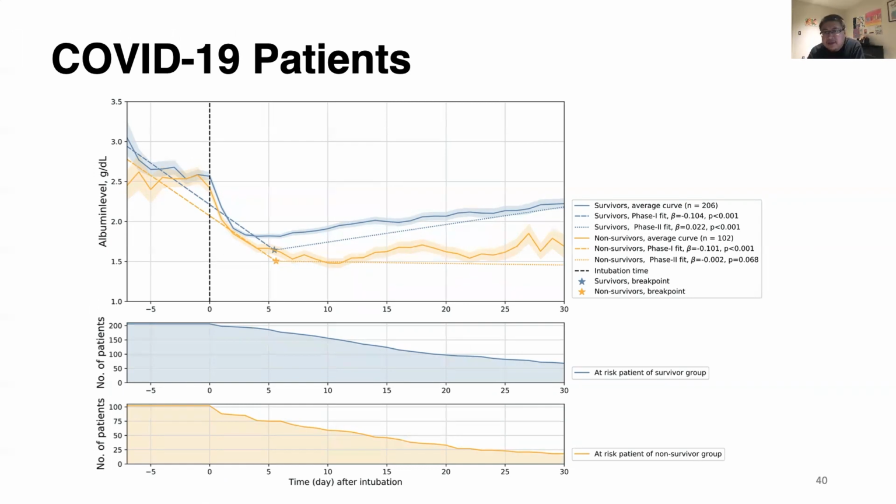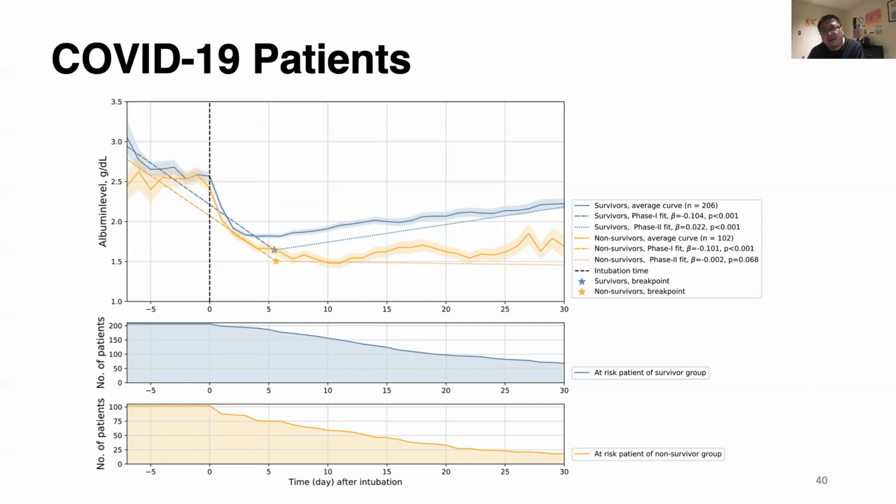The Chow test albumin breakpoint for each patient occurred about 5.5 days after intubation versus 5.6 days after intubation in survivors and non-survivors, while the albumin level at the breakpoint was lower for non-survivors compared to that in the survivors.